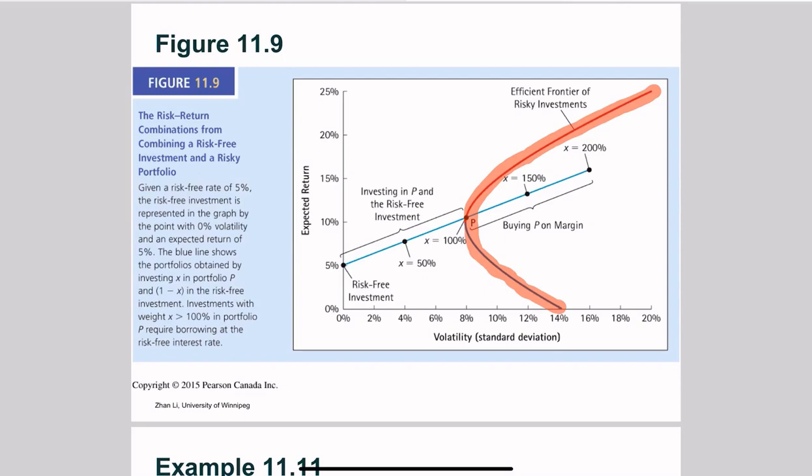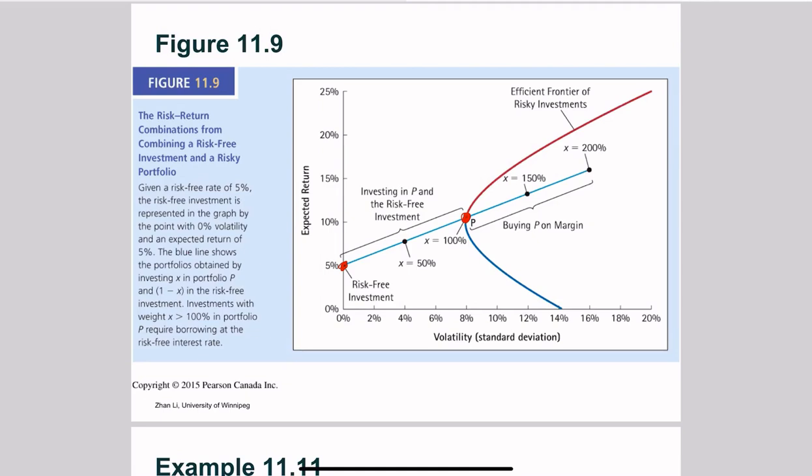And next, we have the risk-free investment of 5%, which is here, right? So now let's say, as an investor, you're thinking about investing in the risk-free investment and this all-stock portfolio P here, right?